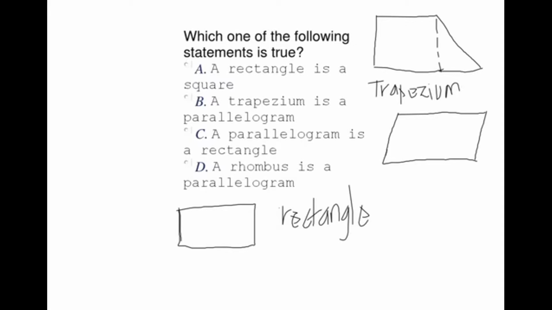We know that a rectangle has a length and width, whereby both lengths are the same and the widths are the same, but length and width are never the same. So a rectangle is a square is false, because a square has all sides equal.